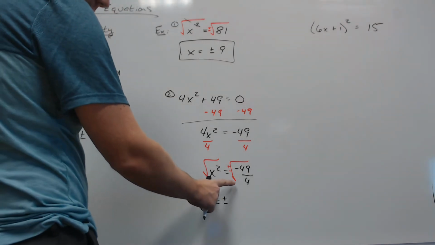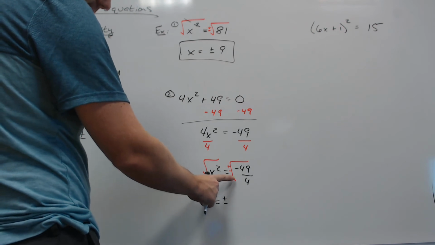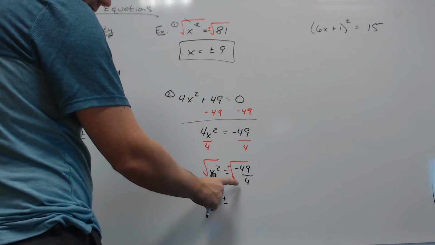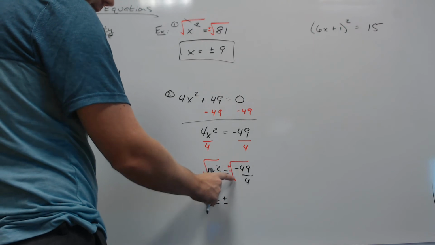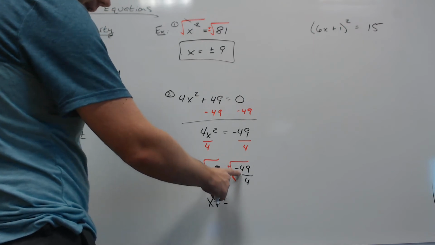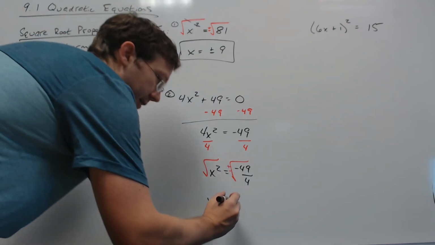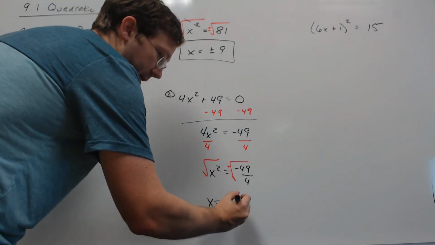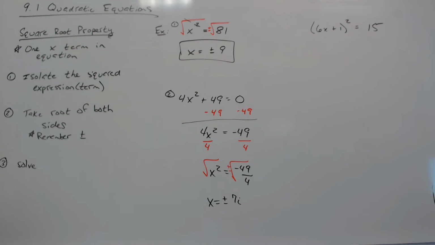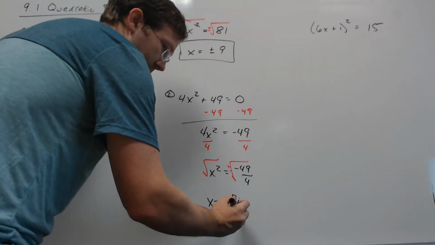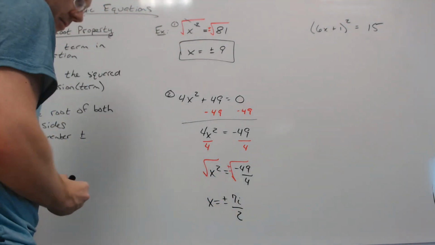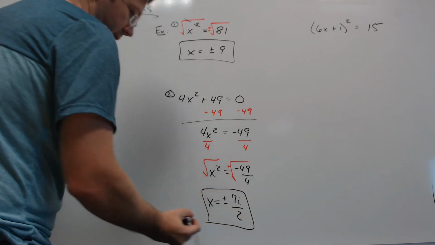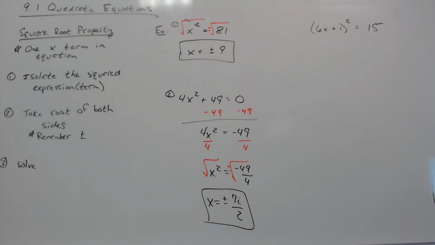And remember from Mod 8 that if I take the square root of a fraction, I can take the square root of the top and the bottom. So the square root of negative 49 is going to be 7, and because of the negative, remember that's going to be imaginary, so 7i. And then the square root of 4 is 2. And there are the two answers to that quadratic equation.